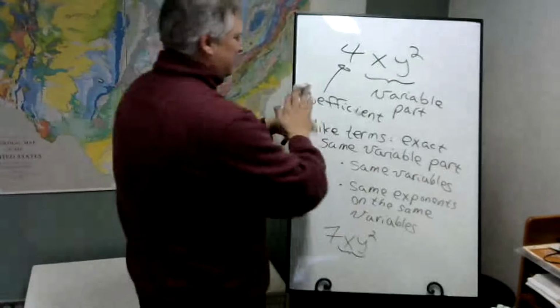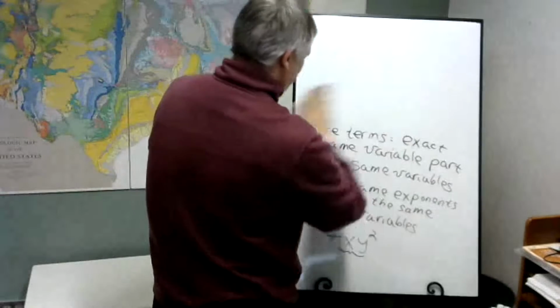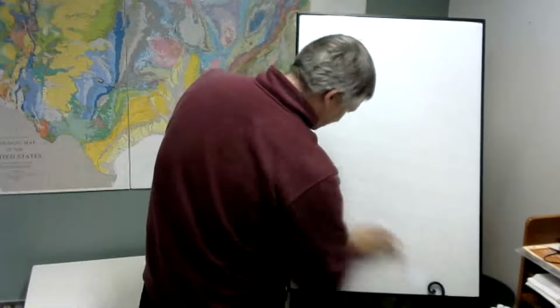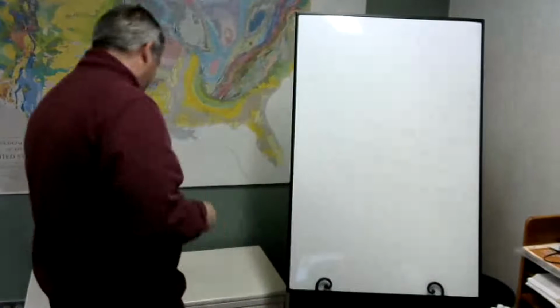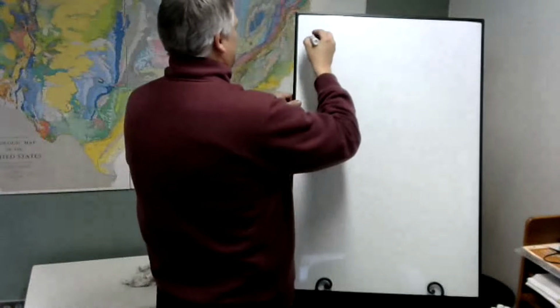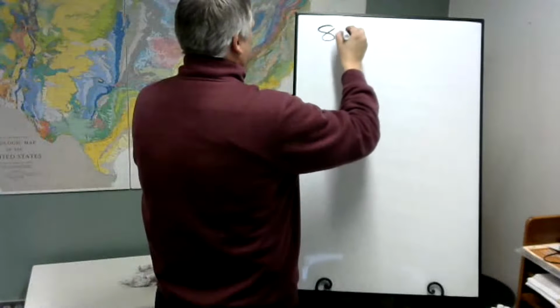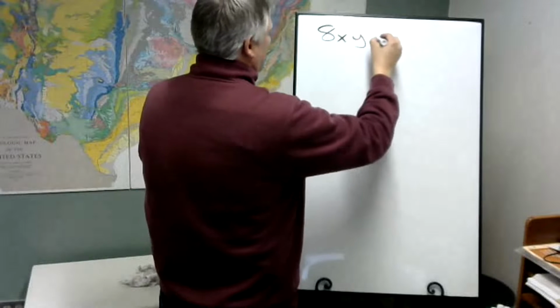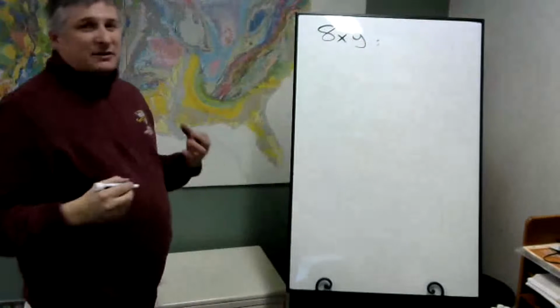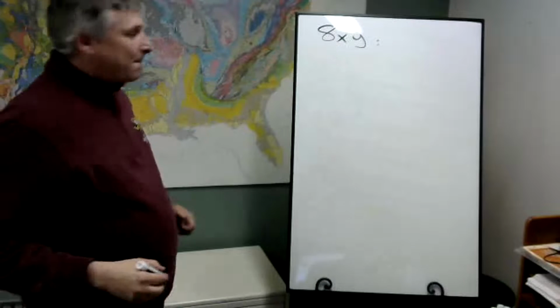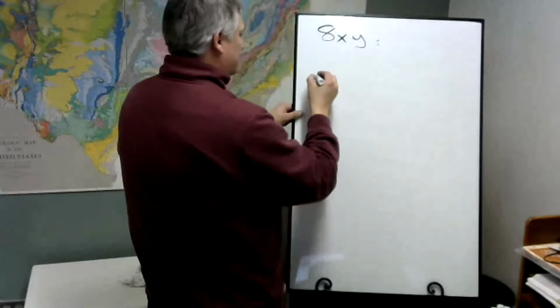So let me do some examples. Let's say we want to match the like term for this. And these are the choices we're given.